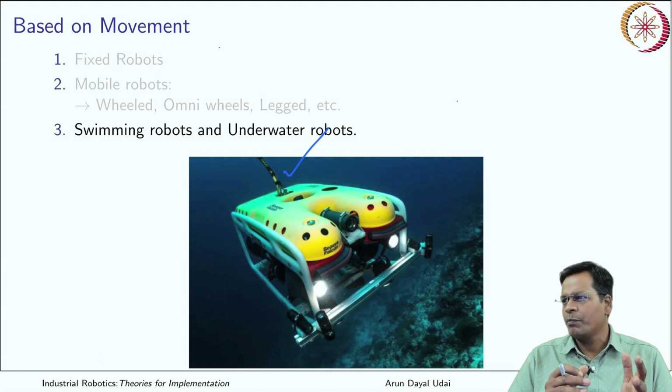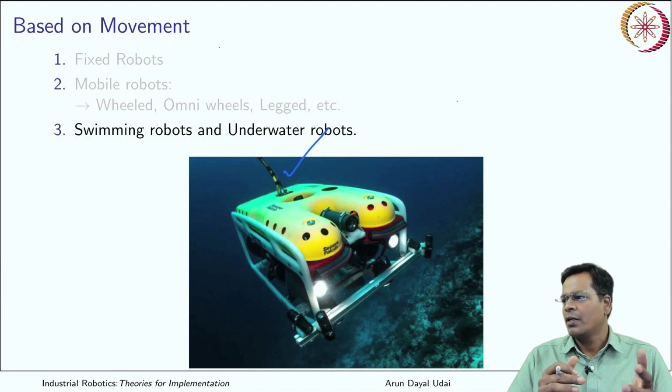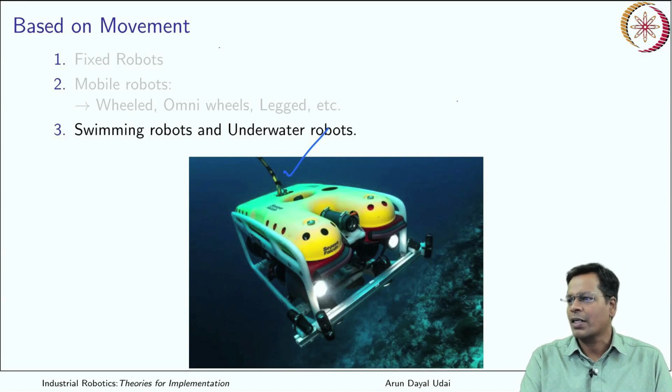So it may not fit 100% like a robot. It hardly does a few things using autonomous mode. Otherwise mostly it is a teleoperated robot. But it is capable of going inside the water, so it fits into this particular classification.